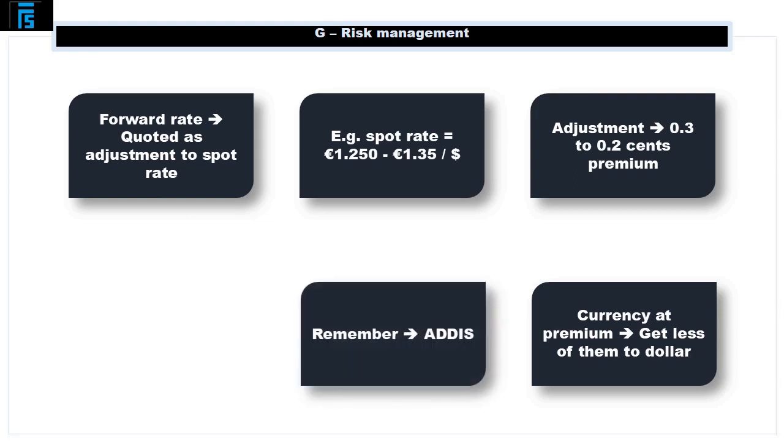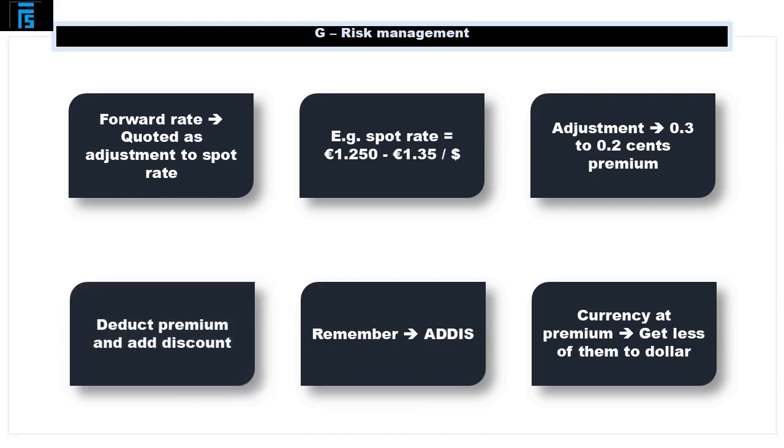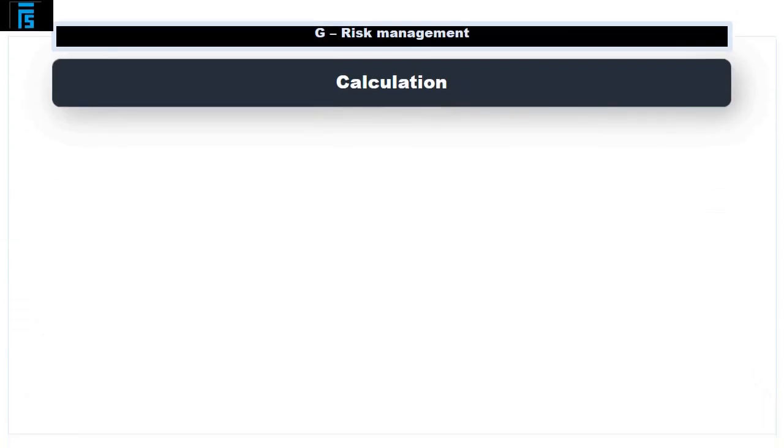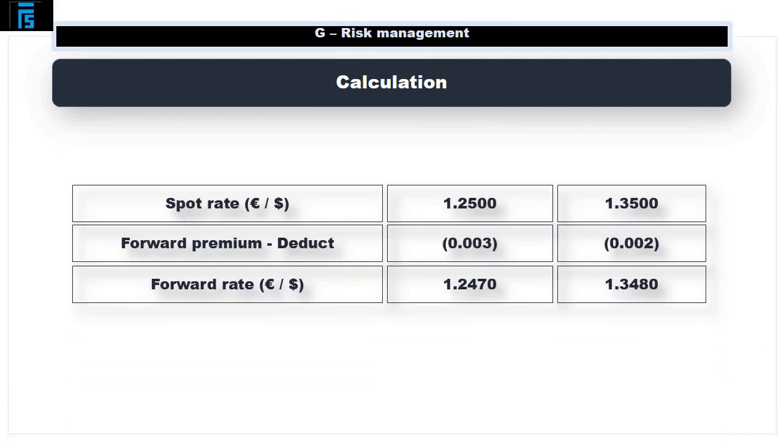You might like to remember this using addis, add a discount. This might feel counterintuitive, but the reason we deduct a premium is that as the currency is at a premium, you get less of them to the dollar. So the forward rates implied by this forward adjustment would be calculated as follows. So we've got spot rates of 1.25 and 1.35 euros per dollar.